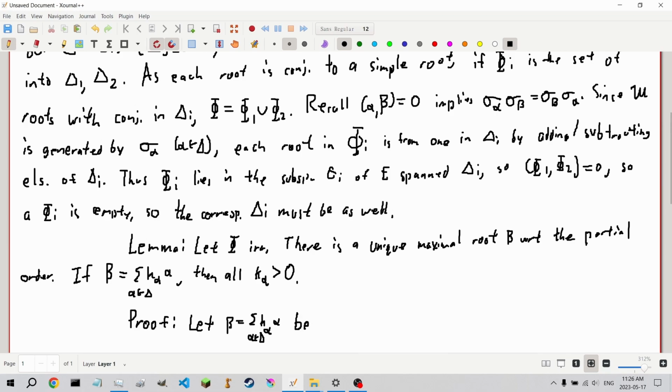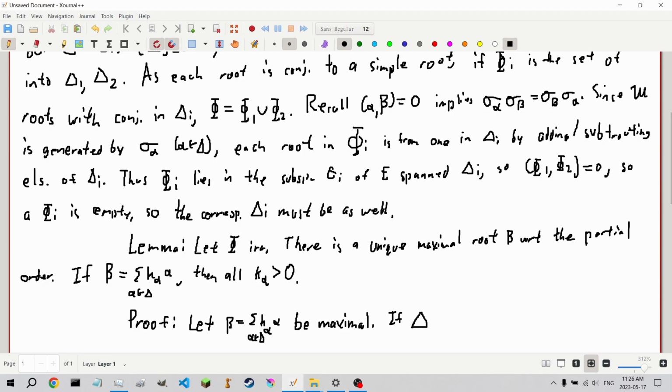Since there's only so far we can push a root in a given direction, this is clearly a maximal element. Is it unique is the question. This is obviously going to be positive.